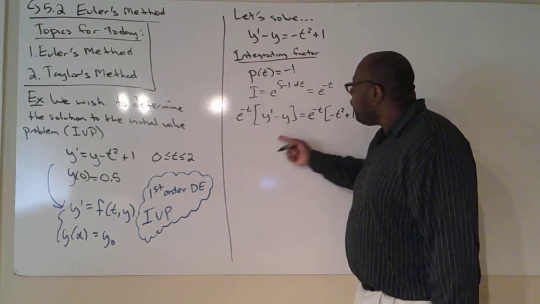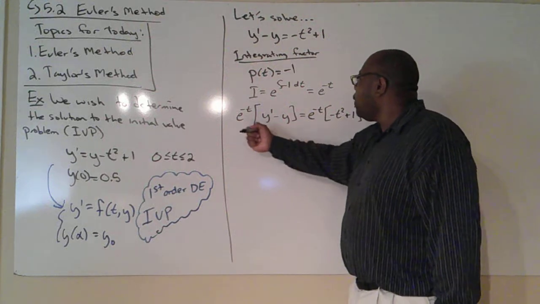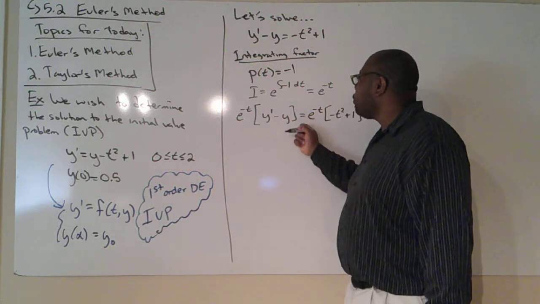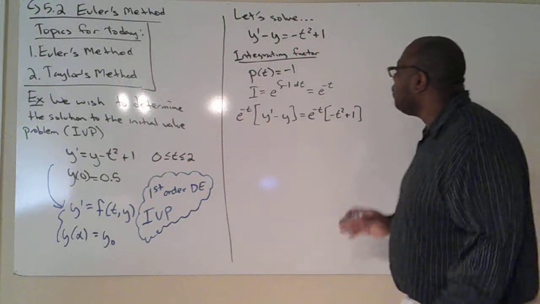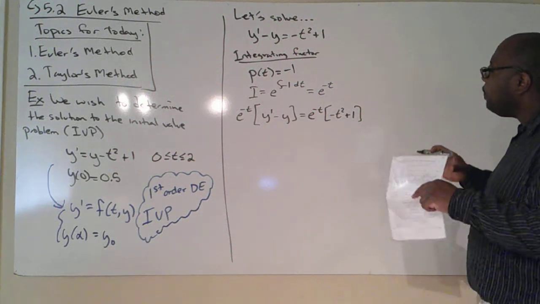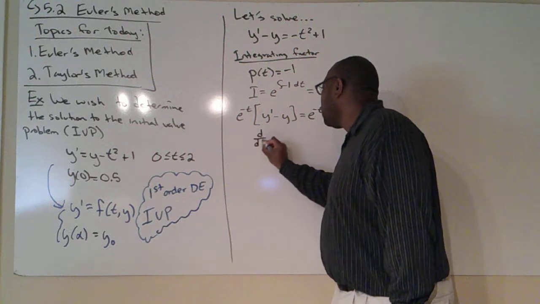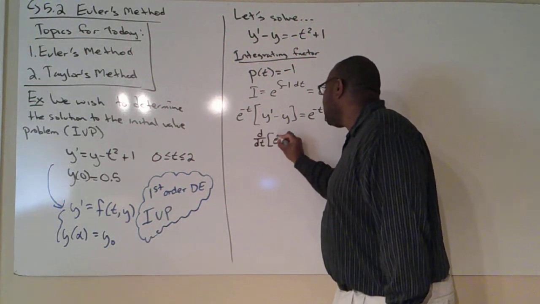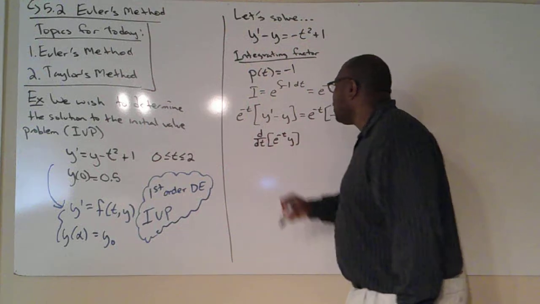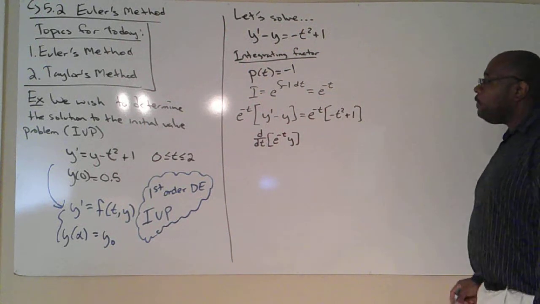But the point of the integrating factor is I notice that when I multiply e to the negative t times y prime minus y, really I can write this in a little differential form that's a little bit smaller. I can write this as the derivative with respect to t of the product e to the negative t times y. This is one of the reasons why we find the integrating factor.